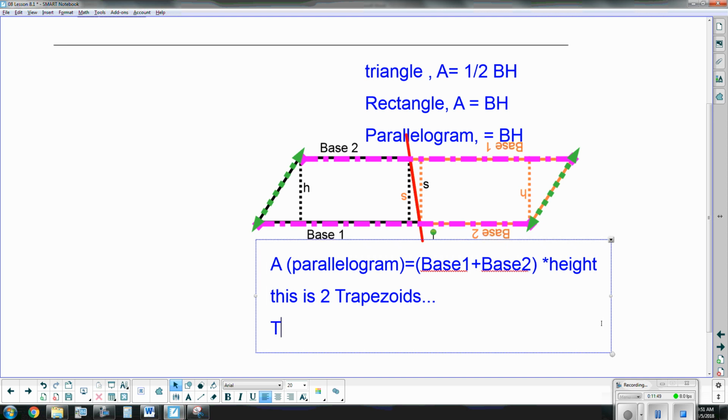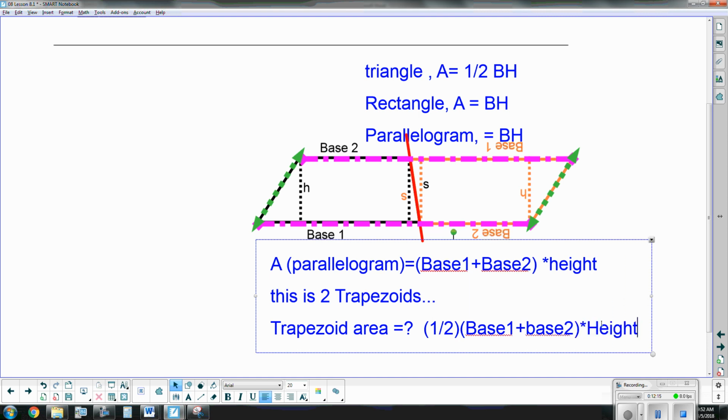So my trapezoid area is what? If base 1 plus base 2 times the height is the area of my parallelogram, which is two trapezoids, then my area of a trapezoid is 1/2 times base 1 plus base 2 times my height.